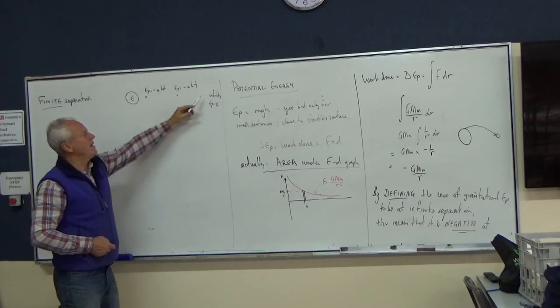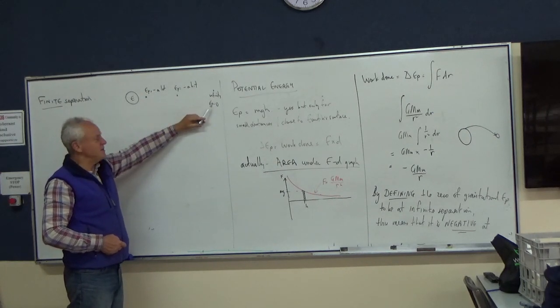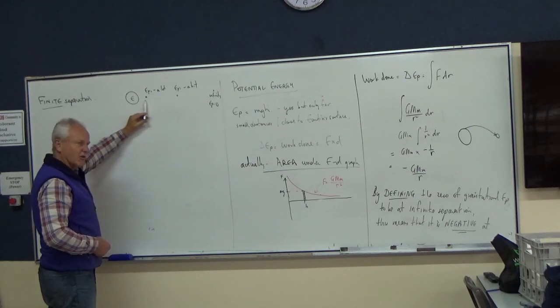So, way out at infinity, well it's not infinity, but you know, keep on going, the potential energy is 0. Here we're negative a bit, here we're negative a lot.